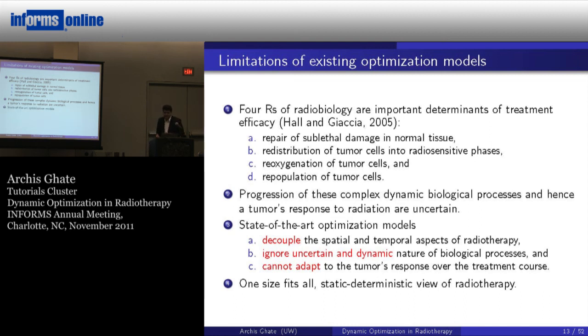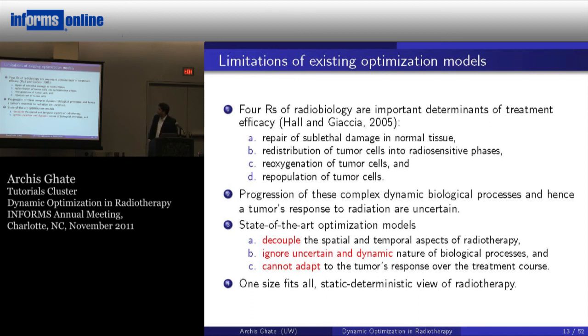State-of-the-art optimization models, and I just showed you very basic models, but essentially all or almost all variations of those models, I believe, decouple the spatial component of the problem from the temporal component of the problem. Like I said, you first solve the spatial component of the problem and then break it up into equal dose fractions. So you're essentially decoupling the two.